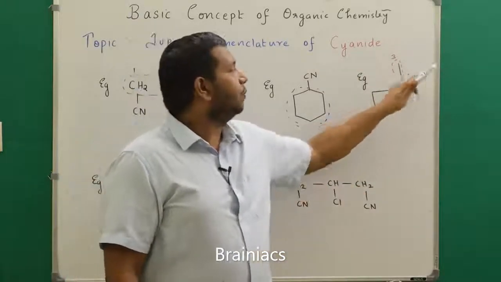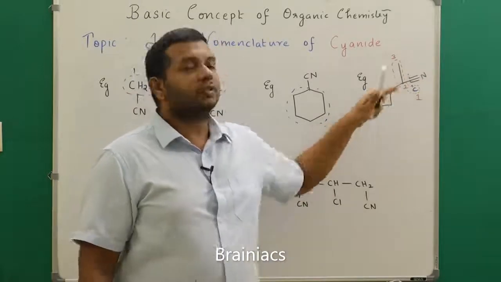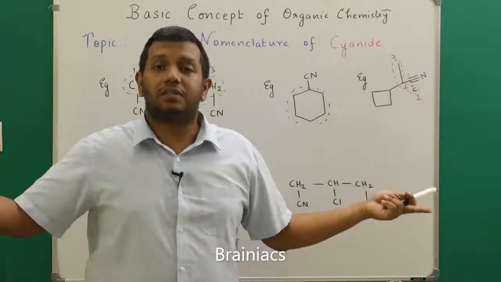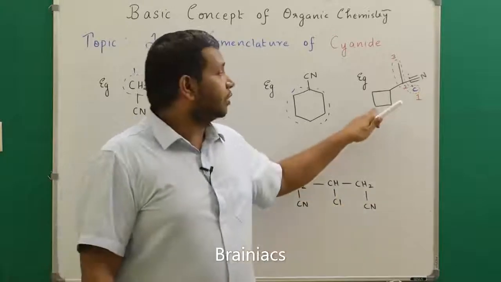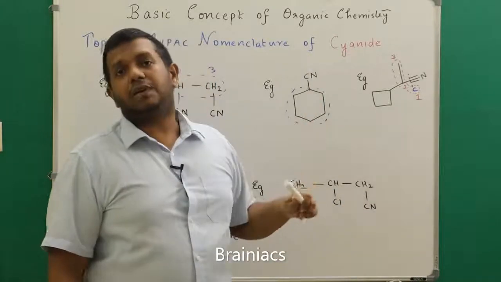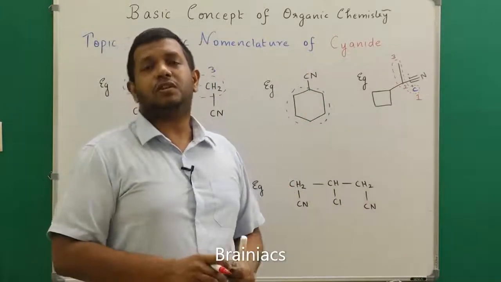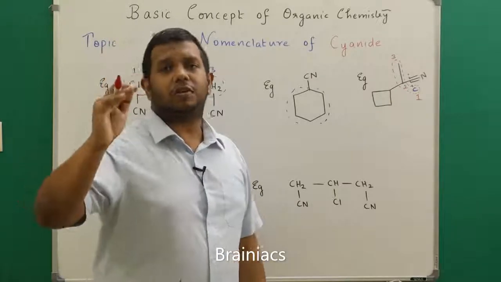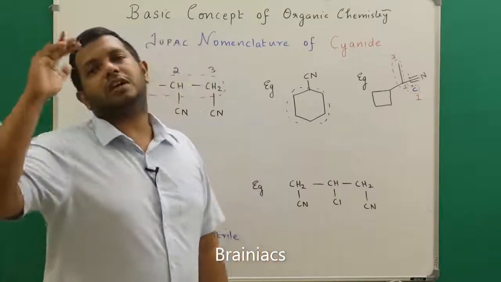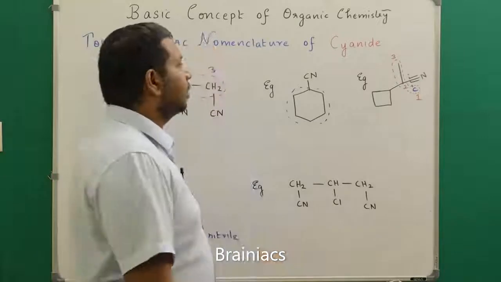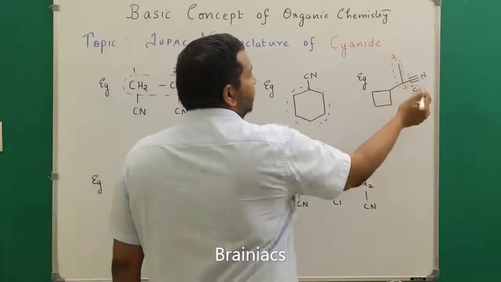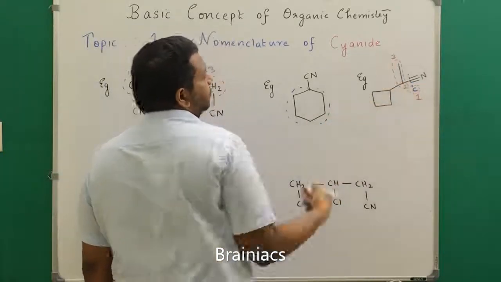Understood? If the cyanide group is present in the ring and suppose the side chain is more lengthy, maybe 60 carbon atoms, then also the functional group is attached in the ring, which means the ring should be the parent carbon chain. So the priority is first functional group, then multiple bonds, then comes the substituent. That's the reason why it is 1, 2, 3.